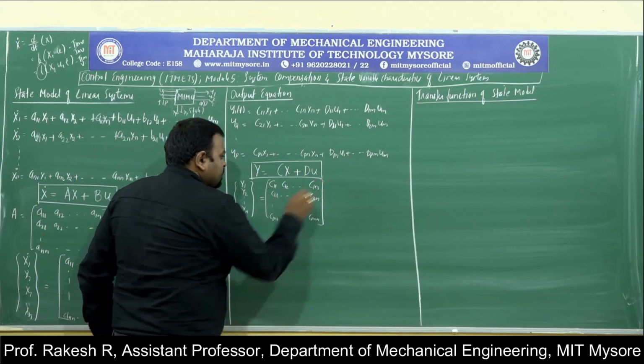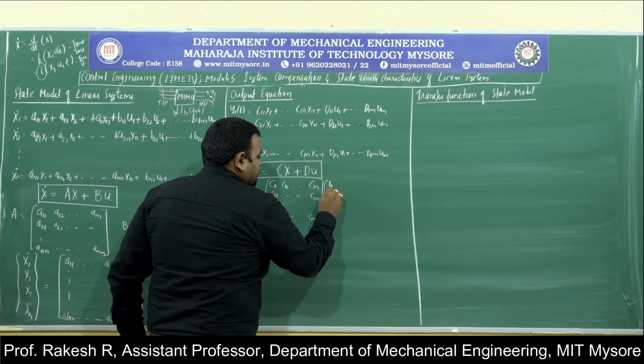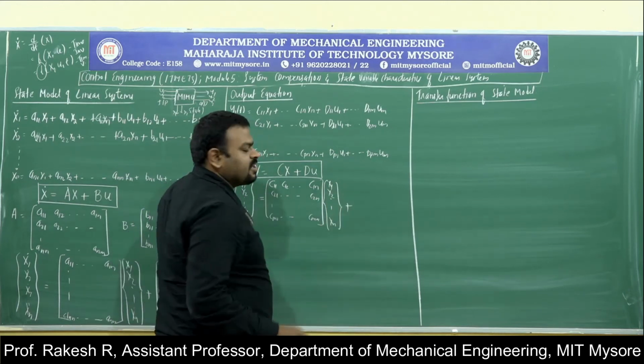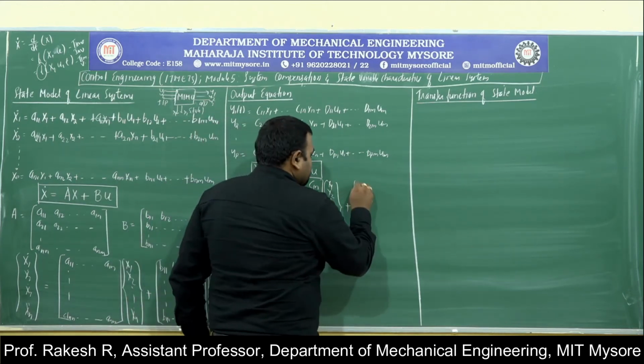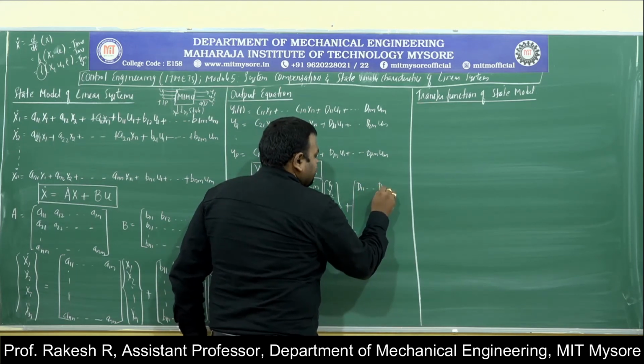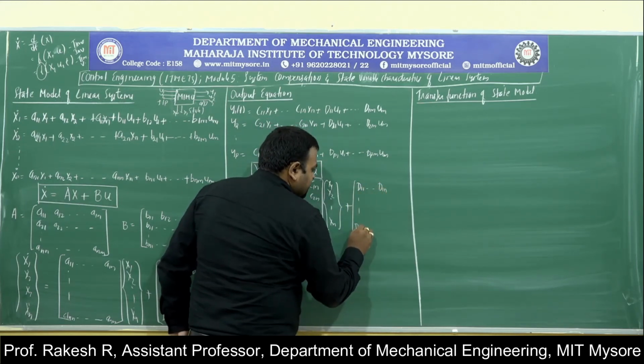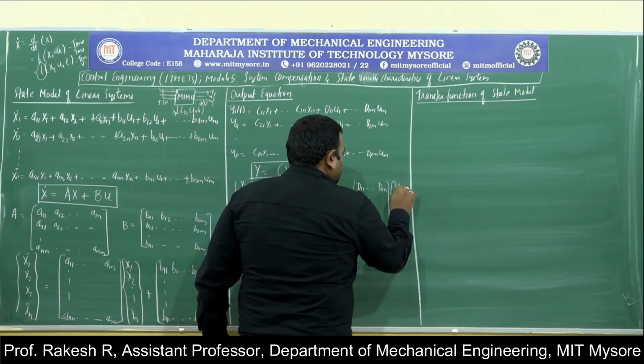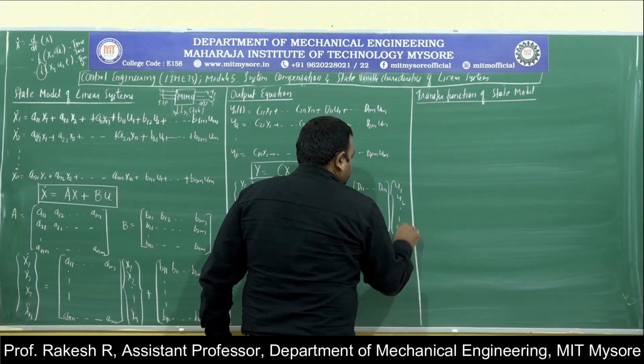This is one matrix along with x1, x2 up to xn, plus D is also a matrix, d11 up to d1n, dnm up to dnm, into u1, u2 up to un.